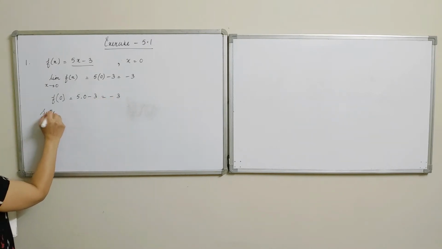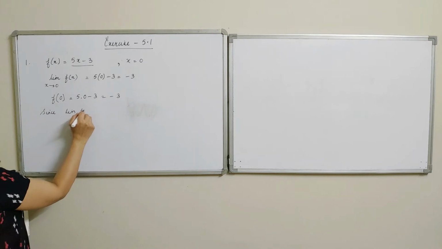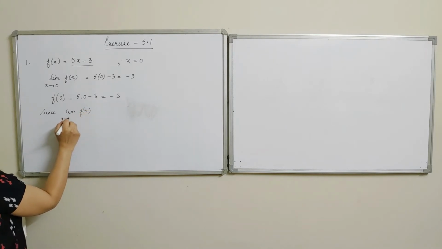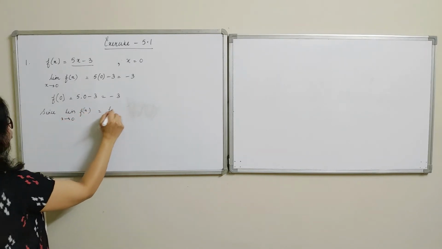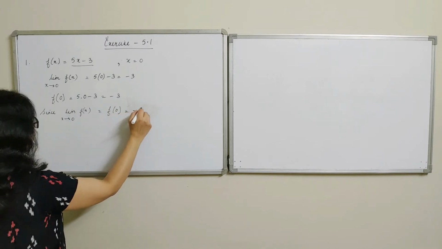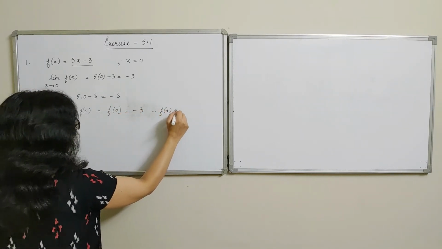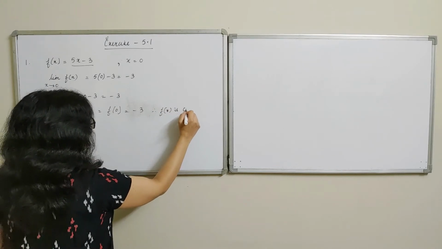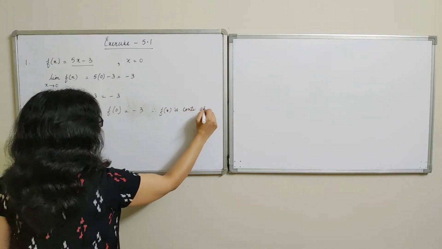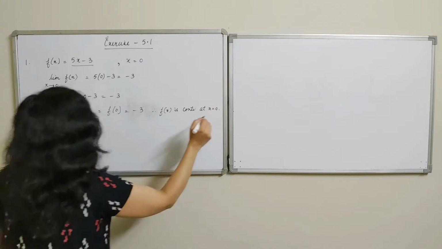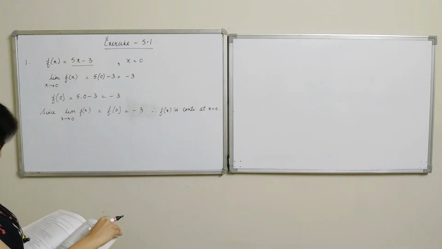Now since the limit of the function when x tends to 0 is equal to f(0), and both these values are equal to -3, we can say that the function is continuous at x equal to 0. So these are basically 1 mark questions.